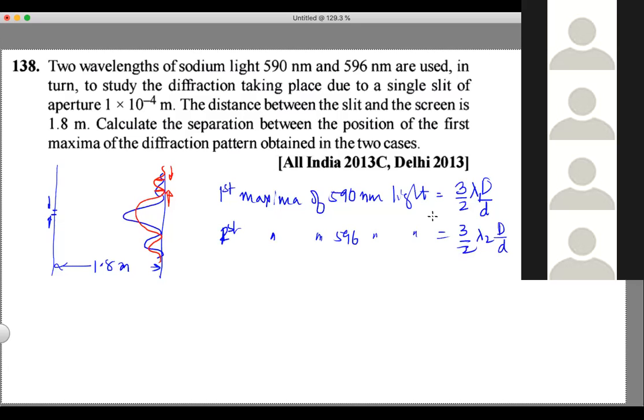What will the difference be? I can take 3/2 D upon d as common, lambda 2 minus lambda 1 inside.